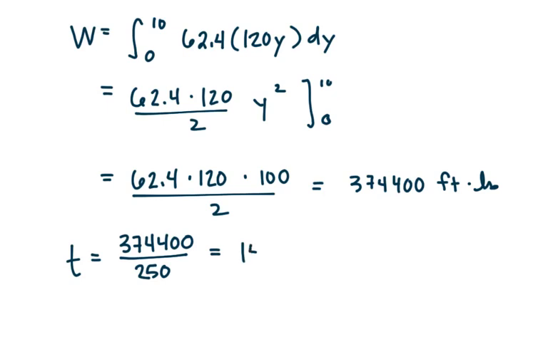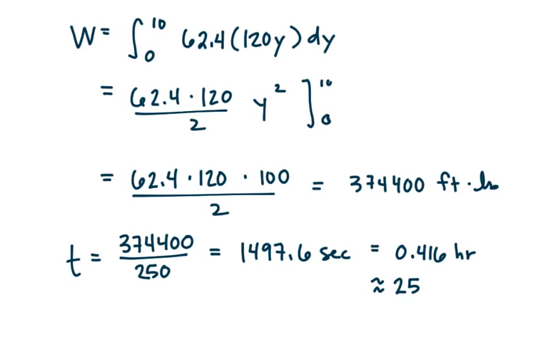And that gives us 1,497.6 seconds when we divide it. Converting that into hours would be dividing by 60 twice, and that gives us 0.416 hours, which is approximately 25 minutes. If I take that and multiply by 60, I get 24.96. So we can empty half the tank in 25 minutes.